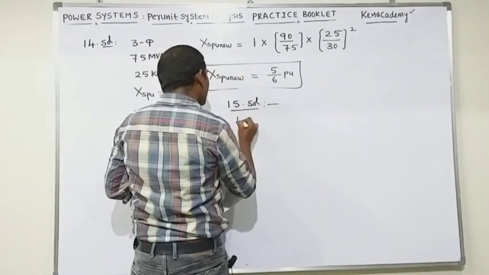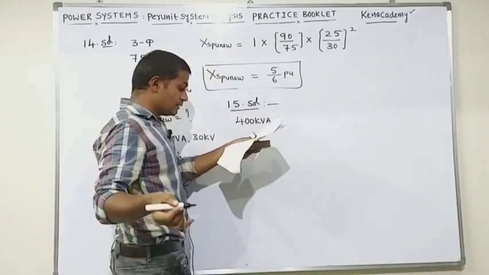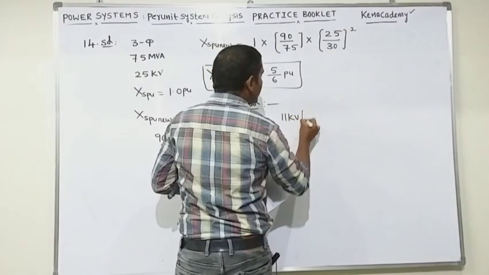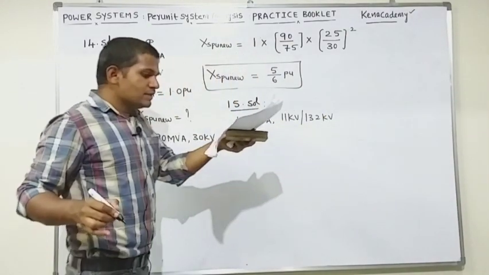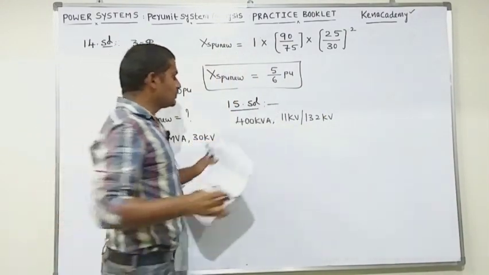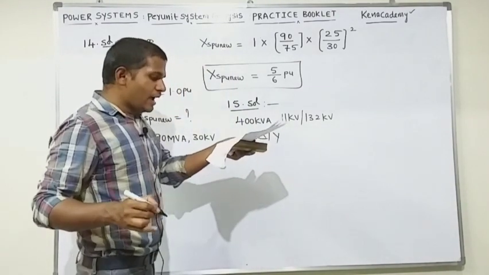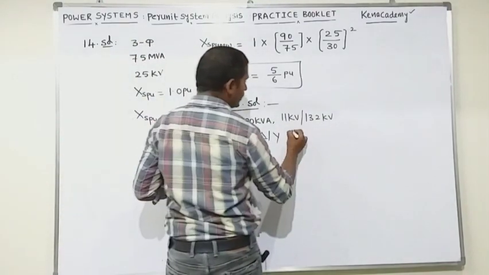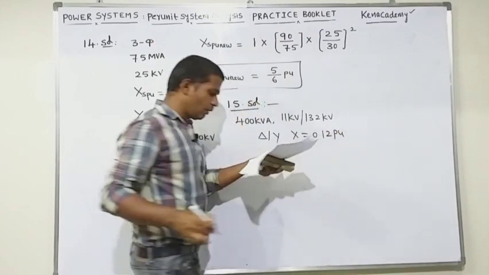Given that 400 kVA, 11 kV by 132 kV, 3-phase delta star connected transformer, whose reactance is 0.12 per unit.